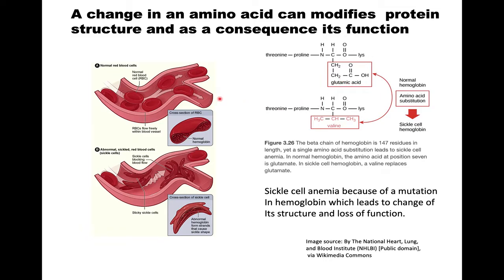Now, in sickle cell anemia, which can be a deadly disease, this amino acid is substituted because of a mutation in DNA to valine. And you can see that you're going from an amino acid with a hydrophilic side chain to an amino acid with a hydrophobic side chain.